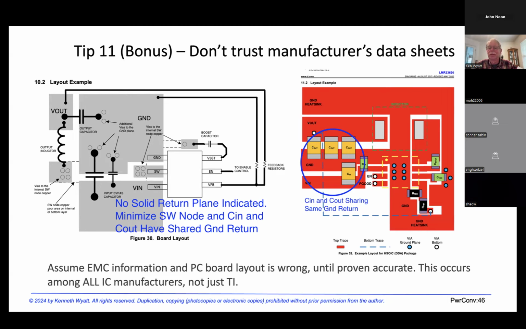Remember, I like to see a power conversion circuit laid out linearly, where you've got power coming in on one side and power exiting on the other side of all the circuitry. And here we've coupled the input to the output as close as we could get together. So that's going to be a noisy layout.